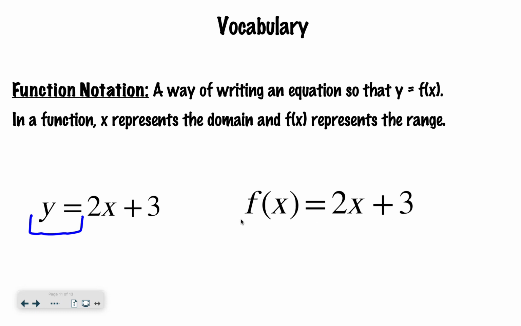Over here, I still have 2x plus 3, but instead of saying y equals, I have f of x equals. And they end up being the same thing. This is just called function notation. So you're going to have to practice writing things in function notation. All that means is that if I give you this and ask you to rewrite it in function notation, you write it like this over here. Okay, so that's all that means.